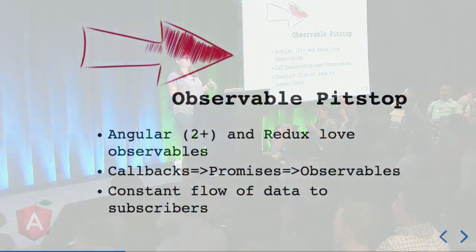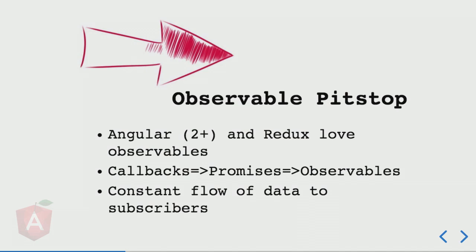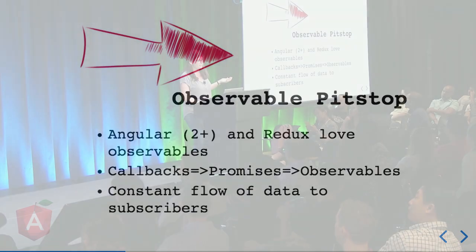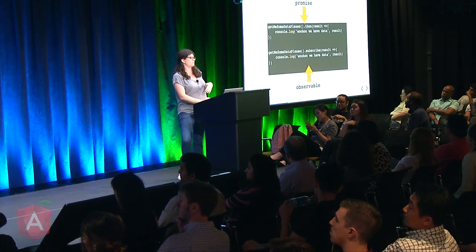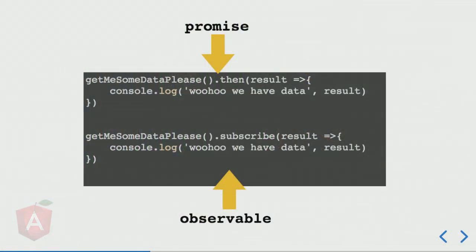Before we go any further, I just want to take a quick pit stop and make sure everyone's on the same page with observables, because both Angular 2 Plus and Redux love observables. They're essentially an evolution from promises, which were an evolution from callbacks, and they are a way to create constant data flow to subscribers. If you look at a promise, it'll say, go get me some data asynchronously. When that's done, I'm going to do this with that data.